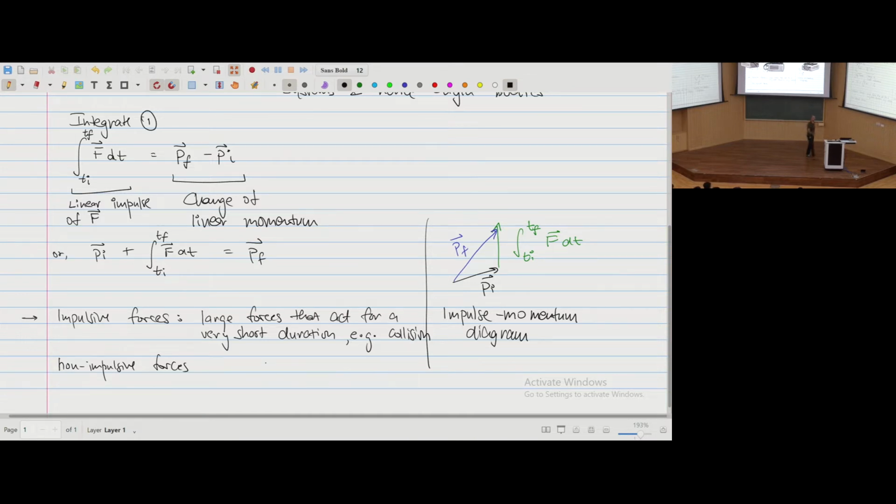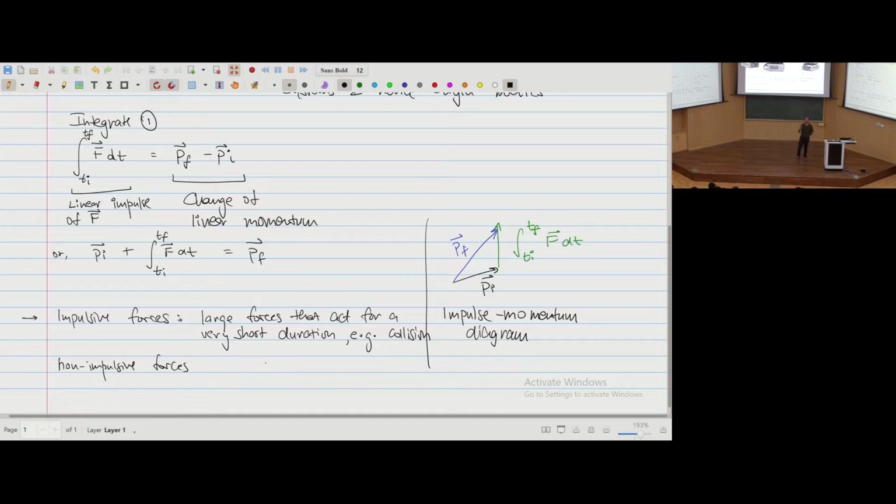That is because if you give them large enough time, they will change linear momentum. Take an object that you throw from a height: at this point it has no velocity, no momentum, but by the time it reaches the ground it has a momentum, and the impulse in this case is provided by mg. But during collision we used to neglect mg.